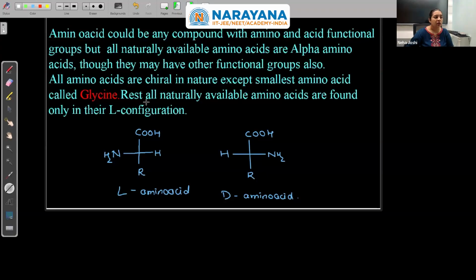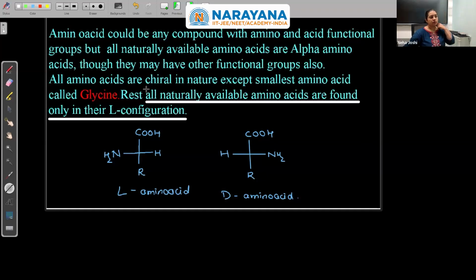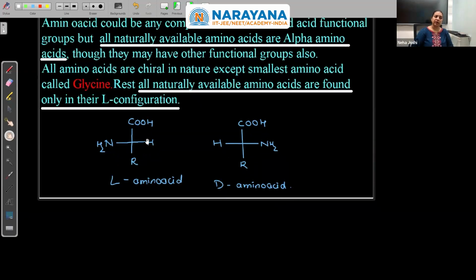All amino acids are chiral except glycine, and all naturally available amino acids are alpha amino acids, though by definition it could be alpha, beta, gamma, delta, anything. And there may be the presence of other functional groups, that is okay.